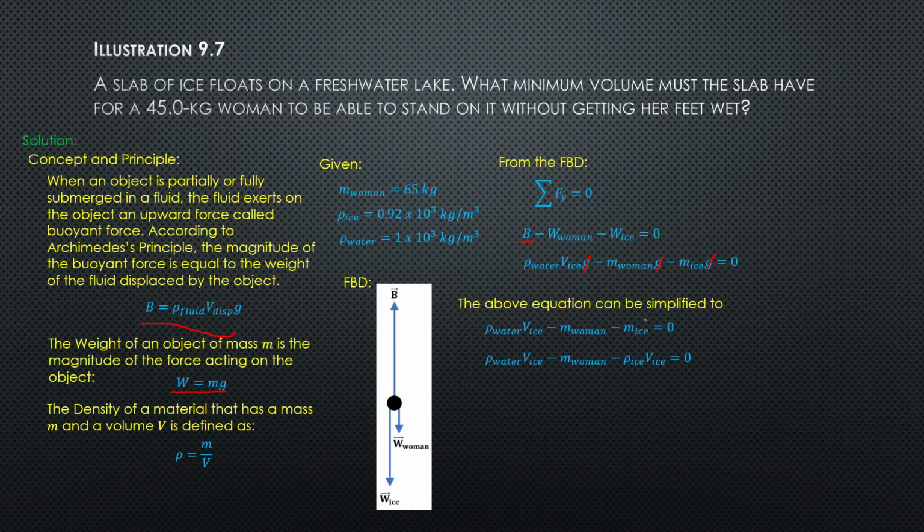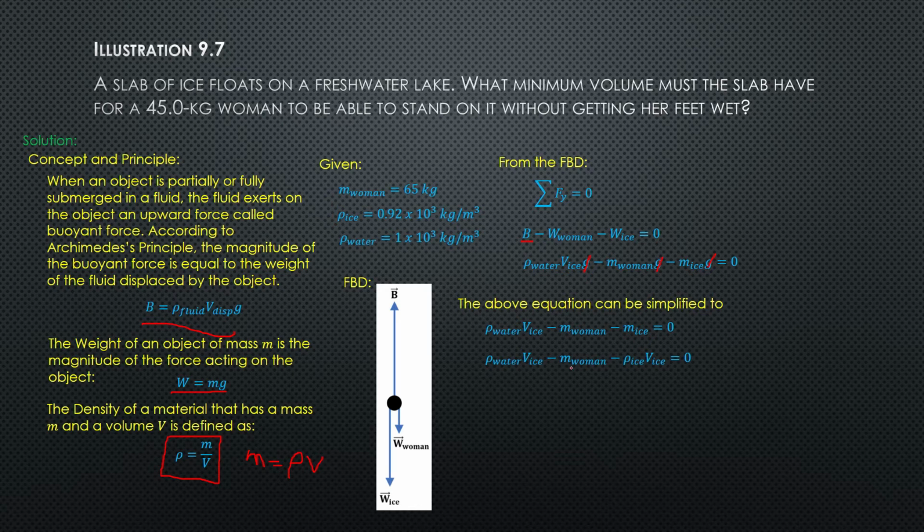The mass of ice is not given, right? But from this formula, you can solve for mass, which is equivalent to density multiplied by volume. So that is the density of the ice multiplied by the volume of the ice. That gives us the mass of the ice.